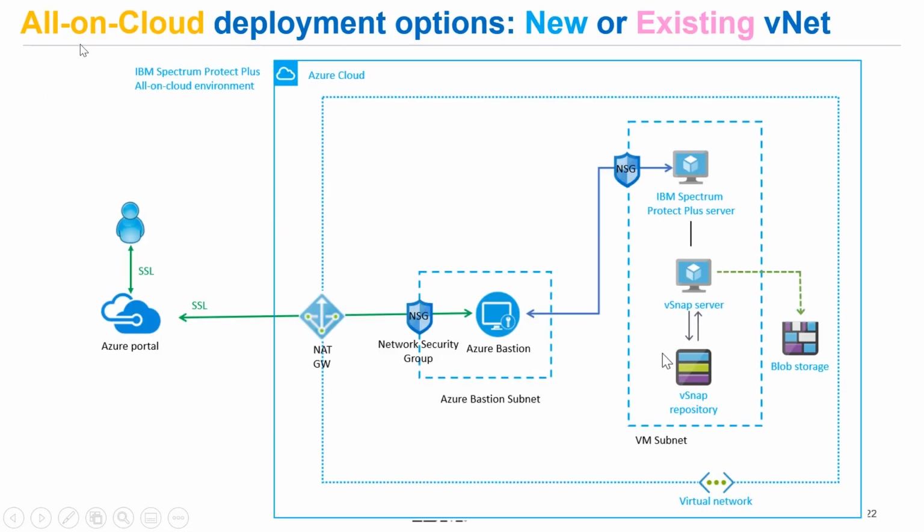So this is what an all-on-cloud deployment into a new or existing VNet will look like. Here, of course, you have both your Spectrum Protect Plus server and vSnap being able to communicate directly with each other. If you're wanting to access the Spectrum Protect Plus server from your home or office, you will need to go through a Bastion server, and I'll show you how to set that up so that you can access the Spectrum Protect Plus server.